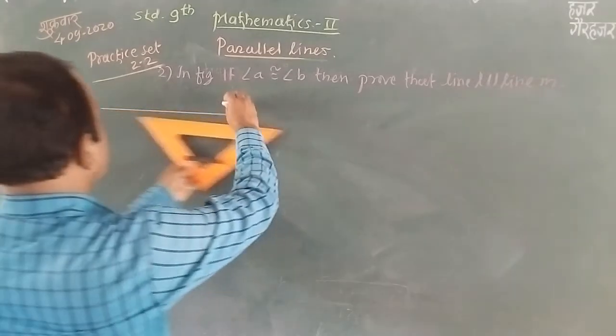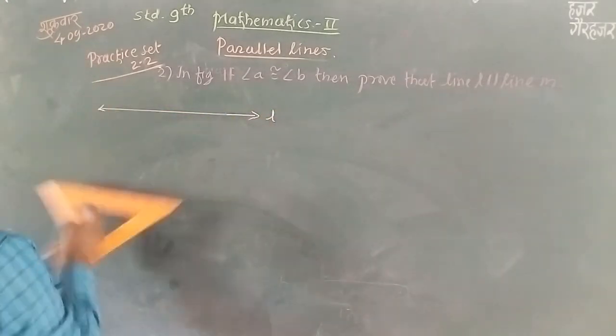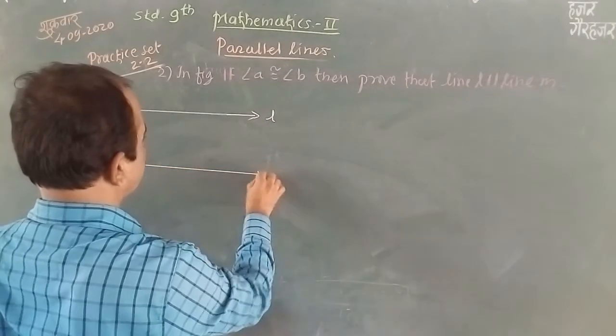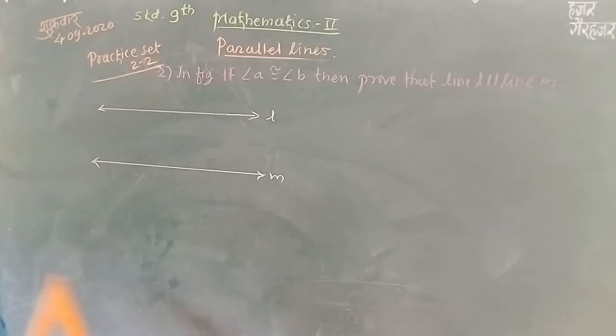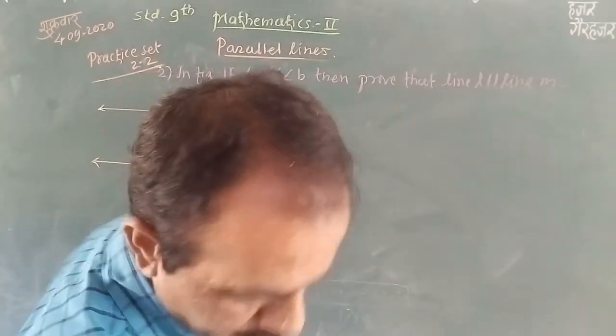This is the first line m, the second line is n, and their transversal is l.